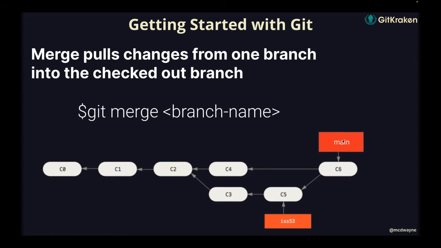Now, if we're doing this from main's perspective, we say git merge issue 53 because we've checked out main, if head's pointing here. And now we've made a brand new commit, and that new commit is C6. Our branch still persists. We told Git to make this part of main's branch, but meanwhile, this branch still persists. That's how merging works.